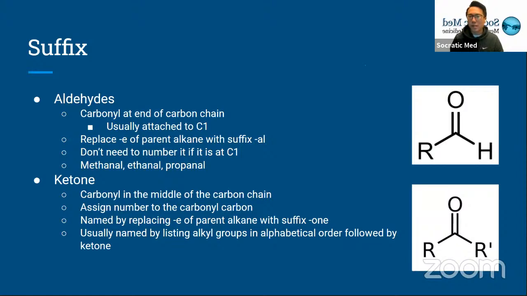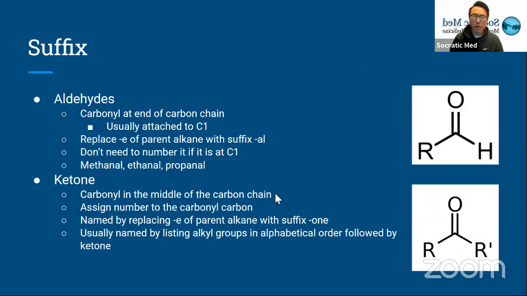So you usually number that carbon 1, and then go upwards when naming the other carbons. So the carbon next to it would be carbon 2, and then 3, and then 4, and so on.